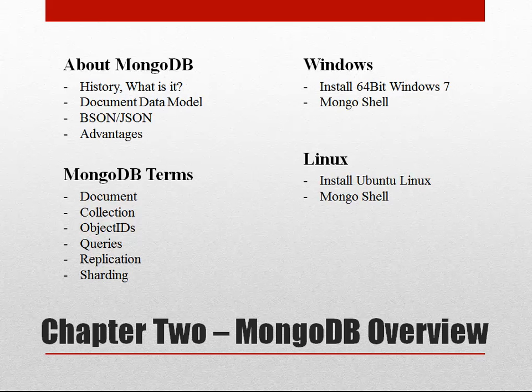We have important terms that you need to know, such as collection, sharding, replication, object IDs, and then we'll go through the installation steps to install MongoDB onto a Windows machine as well as Linux Ubuntu. And we'll take a real quick look at the Mongo shell before we move on to Chapter 3.